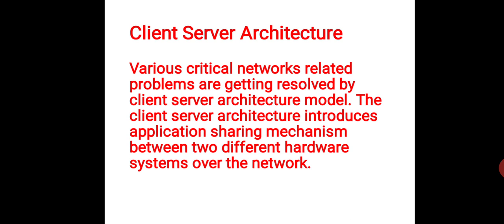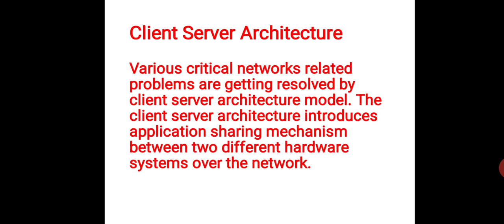Server is also a machine or computer which stores all the databases, and the client is also a computer machine from where we send the request. By sharing information and applications between any two machines, that means between the client and the server, it is called the client server architecture.